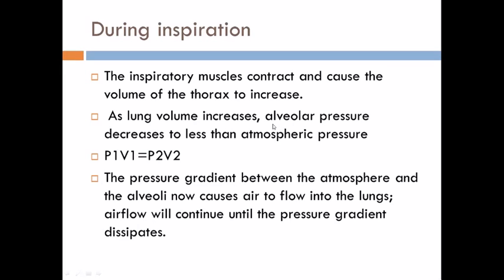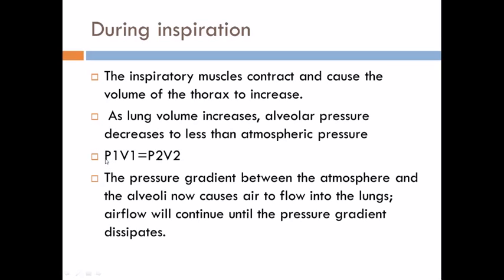The pressure inside the alveoli decreases, and you may wonder why, and the answer is simple. This is because of this law, which means that when one of pressure and volume increases, the other will decrease. So when you increase the volume inside the lung, the pressure will decrease.